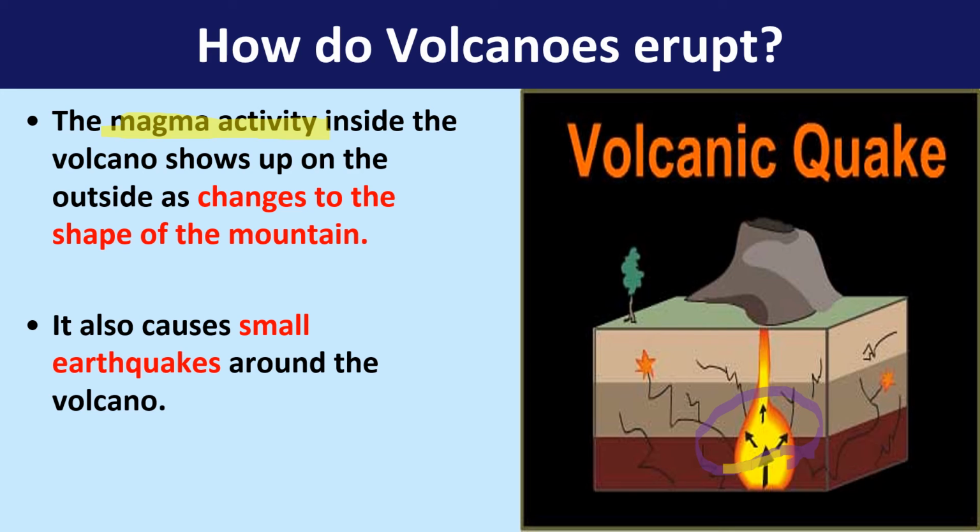The expansion is the reason why, like I said, the size of the balloon expands, except a balloon is made out of rubber, so it's quite flexible. But when it comes to land, rock, minerals, and metals, they're brittle, so they break down. And in the end, it changes the shape of the mountain and any type of geological structure nearby. It also causes small earthquakes, depending on the size of the damage, by the way.